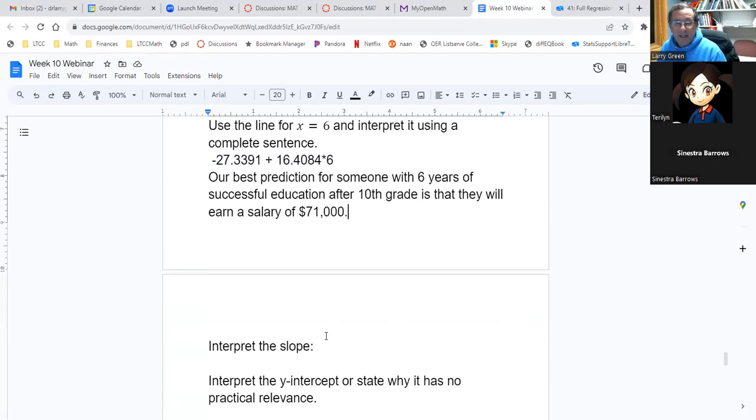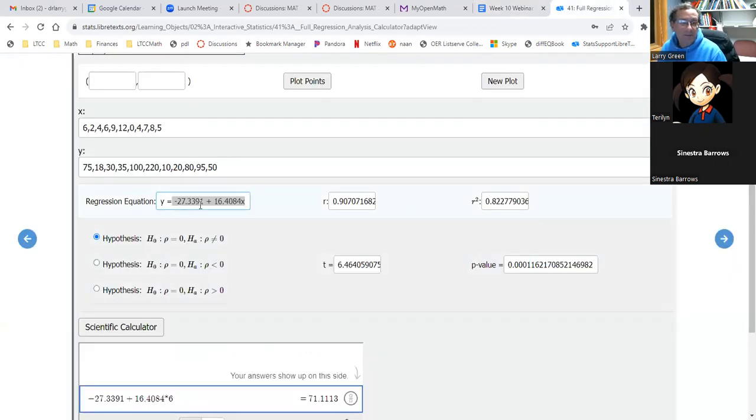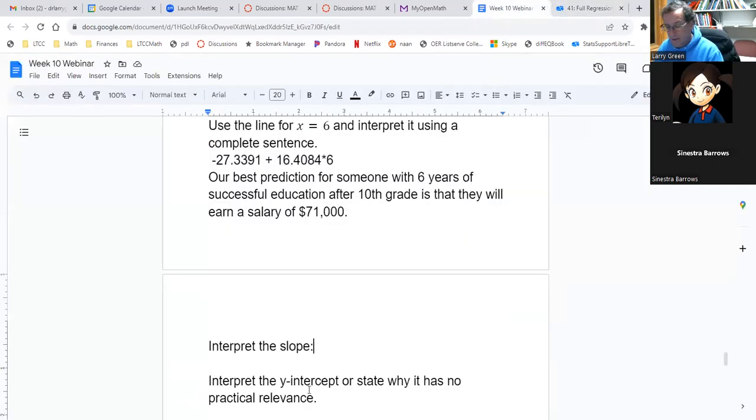Okay, let's interpret the slope. The slope was about 16.4. So again, we're going to use that same template. We have to think about if x changes by 1, y tends to change by 16.4.